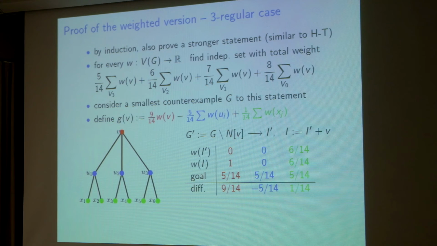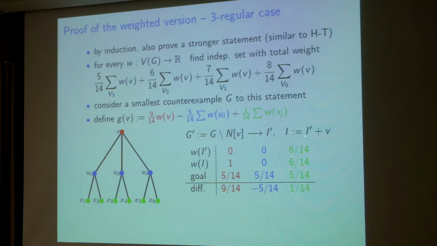So, what is behind this formula? Well, this formula GV exactly describes the difference between the weight of the independent set that we obtain with this procedure and the weight of the independent set that we are asked to find. Why is it so?